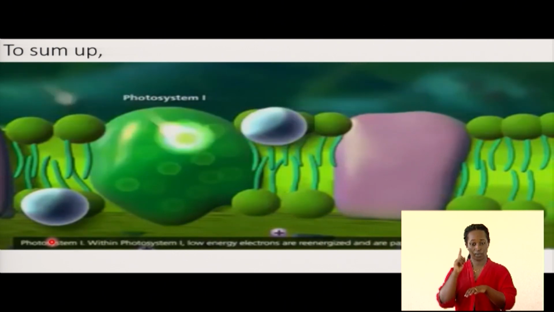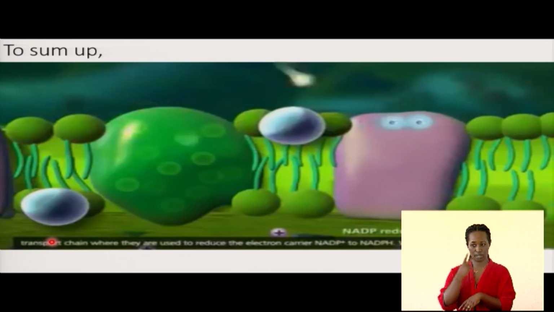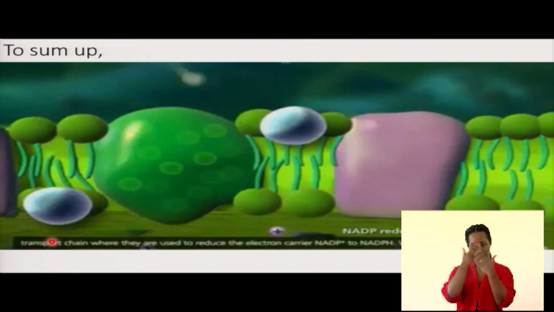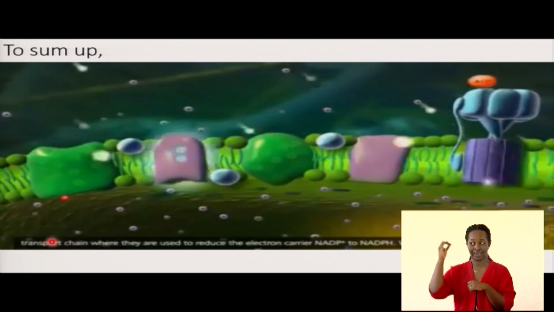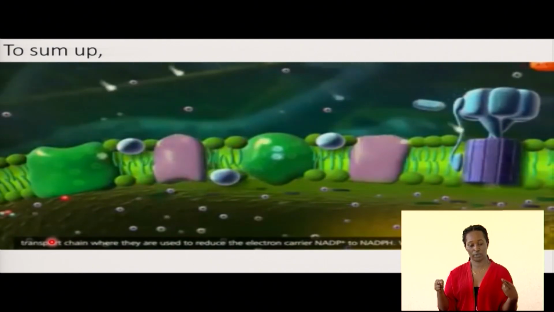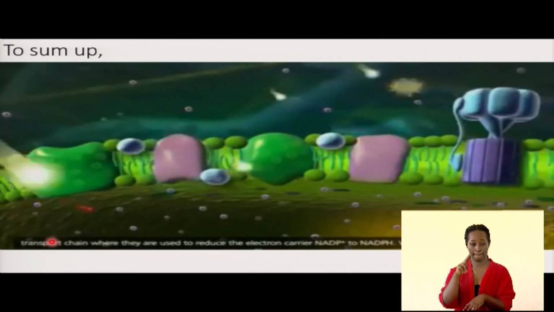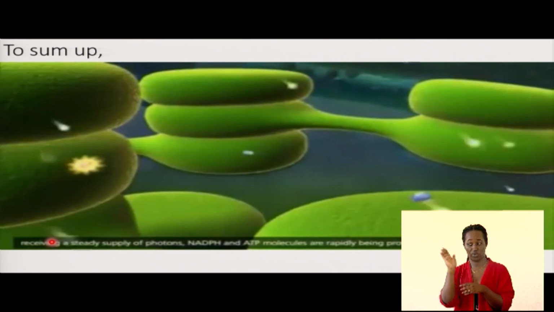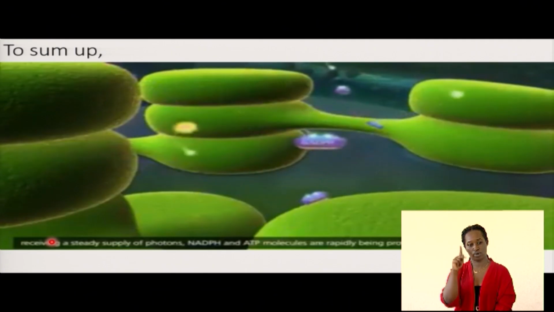So when we finally head into what we look at, once we have these products, and we have them transferred to the dark phase, which we call the light-independent reactions. When we have the proton pump producing ATP and the NADPH within the green section of the chloroplast, the thylakoid structures, where shall this finally head into?